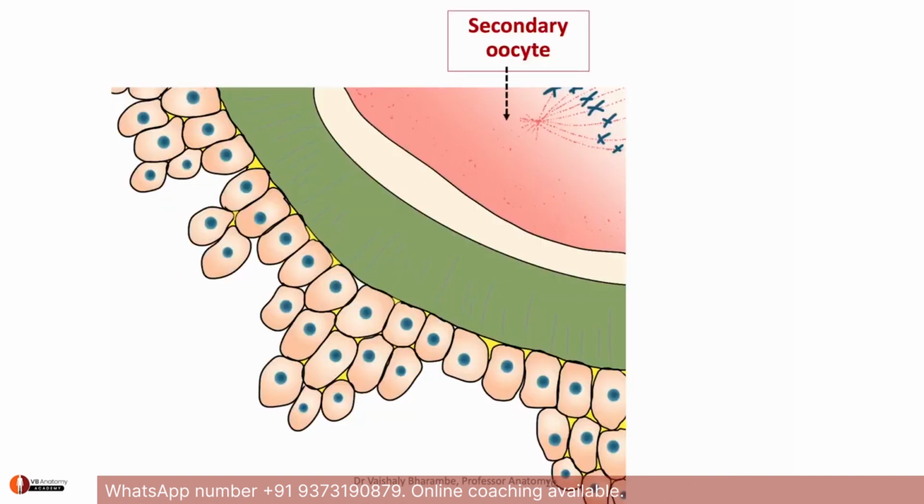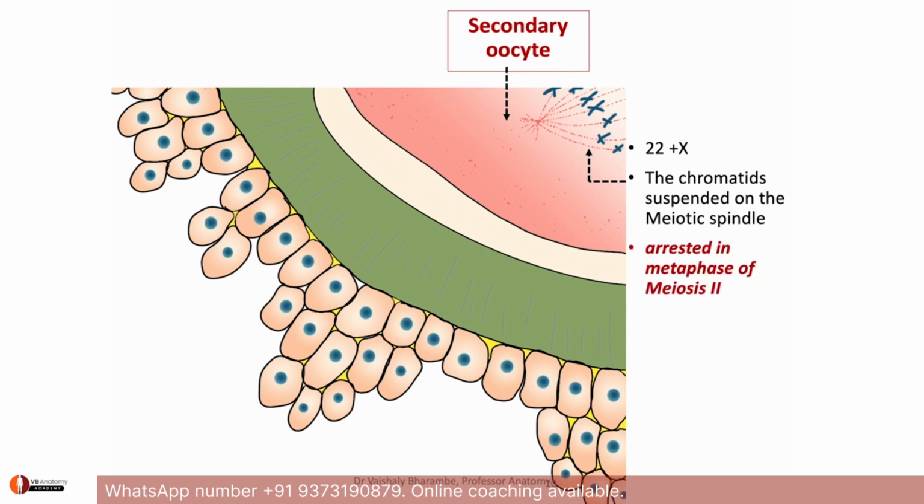Here, this is an enhanced high magnification image. Here you are seeing a secondary oocyte. You can see that it contains 22 plus X chromosomes, the chromatids of which are suspended on the meiotic spindle. Why is it like that?